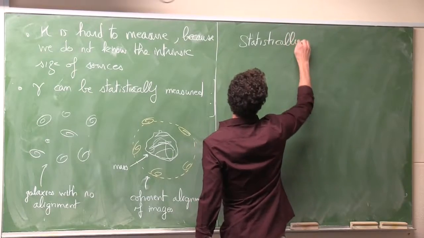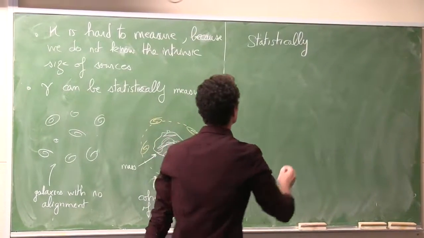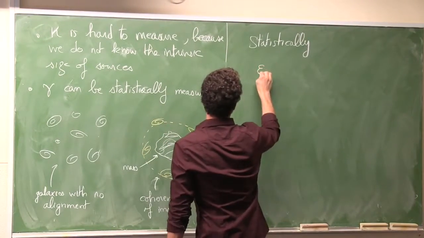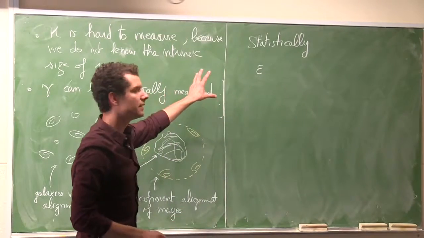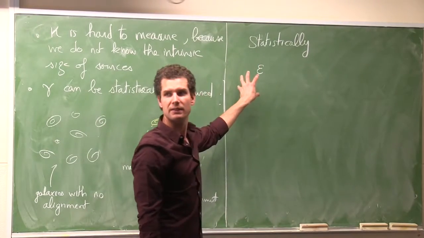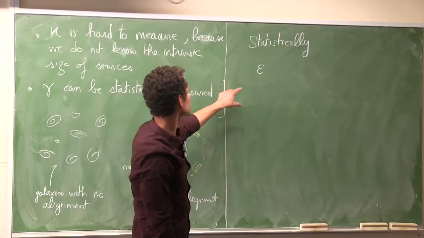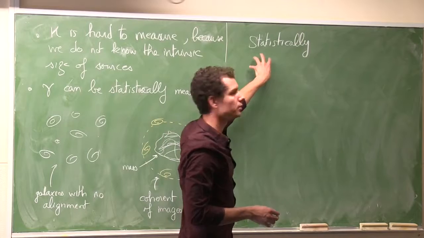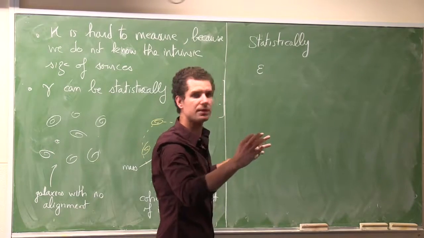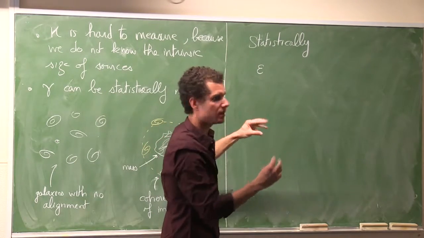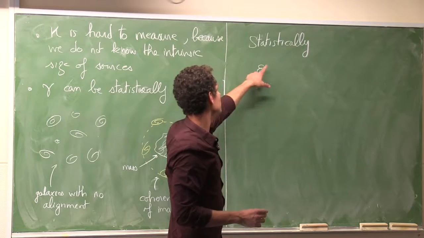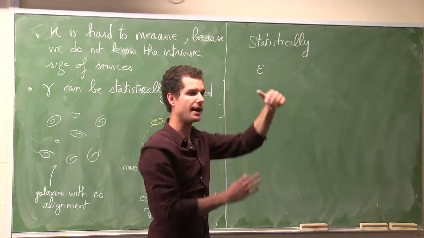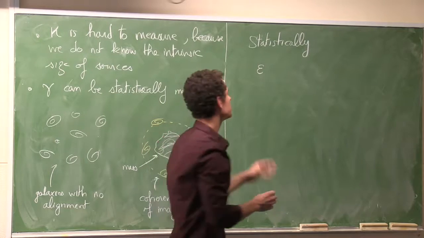Just to give you the idea, epsilon is a complex number that gives you the ellipticity of a galaxy, whose absolute value tells you how elliptical the galaxy image is, and whose argument gives you the angle on which this is defined.